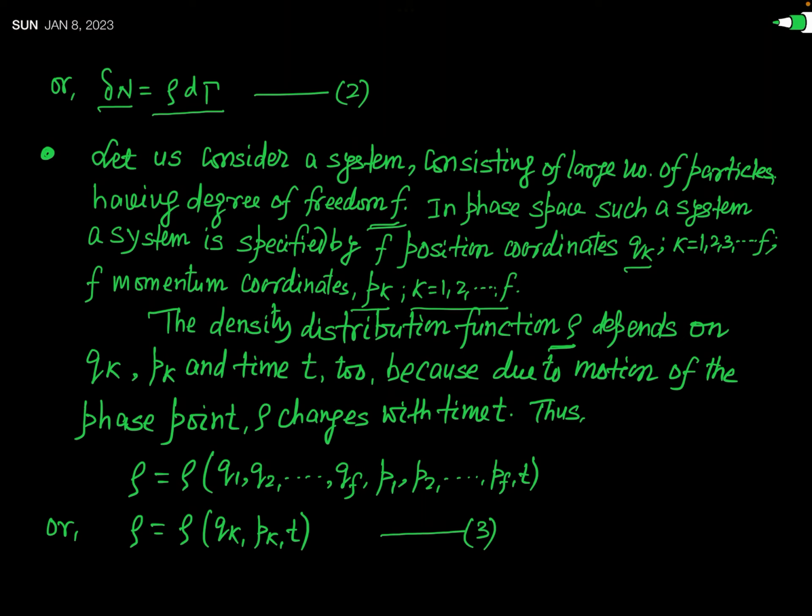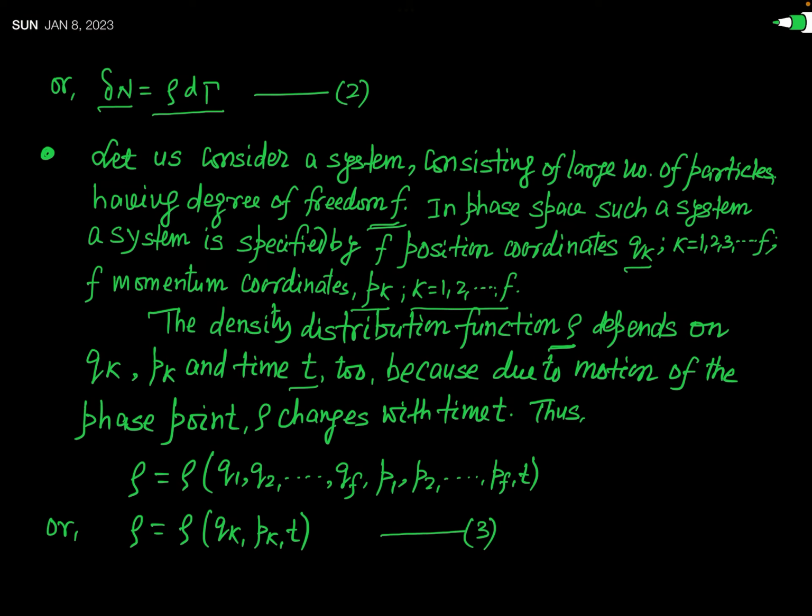But as we are considering the dynamical system, it means the phase points are moving, and when the phase points move, then this density distribution function at a given position changes with time. So not only on the position and momentum coordinates does this density distribution function depend, but it also depends on time, because with time at a particular position the density distribution function rho will change, because our system is of dynamical nature, the phase points are in motion.